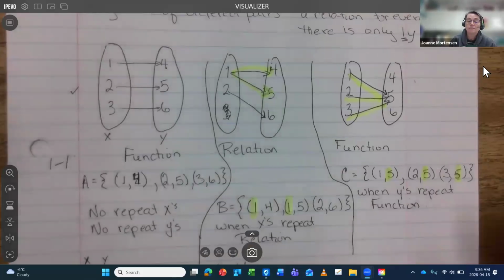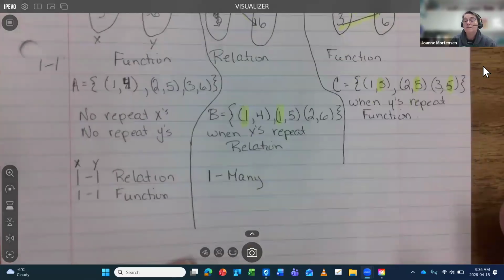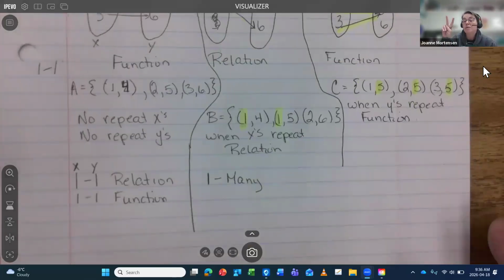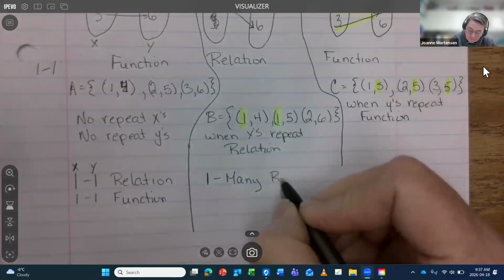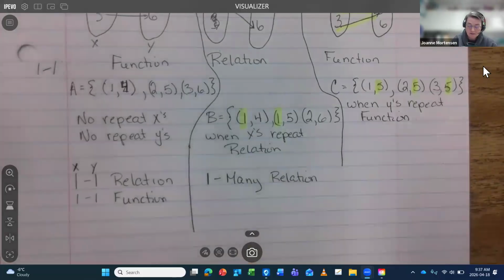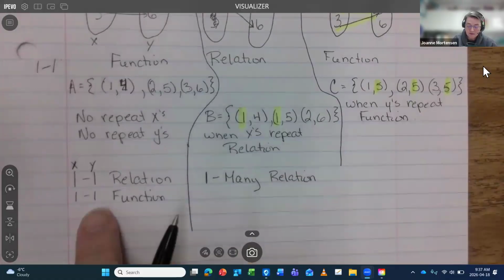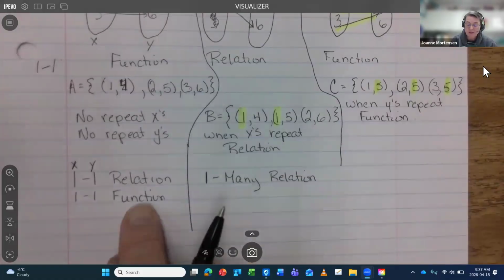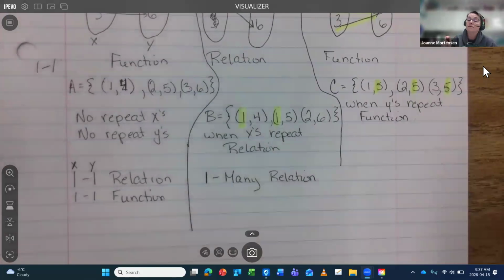Now, in math, in this section, many can be two. It doesn't have to be more, so at least it goes through two different ones. And I can't call this a one-to-many function. It doesn't work because it's not a function at all. It's just a plain old relation.